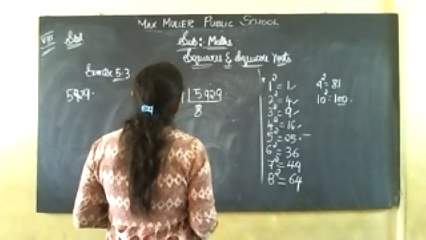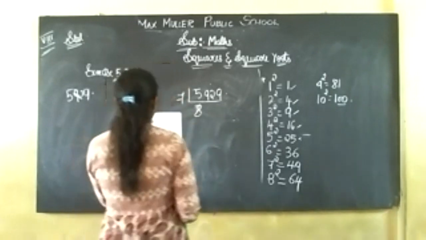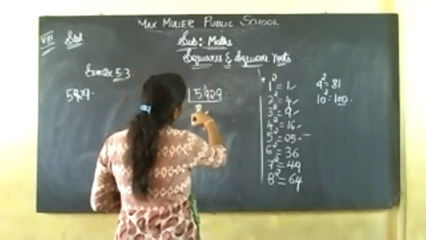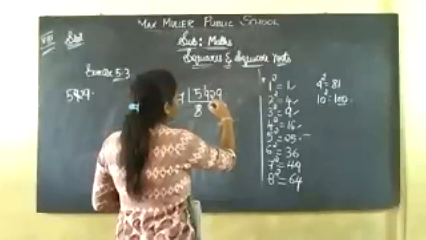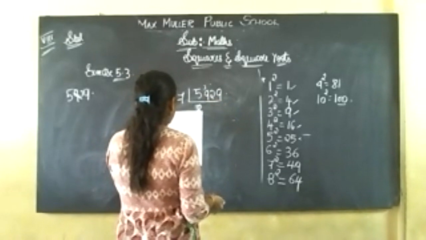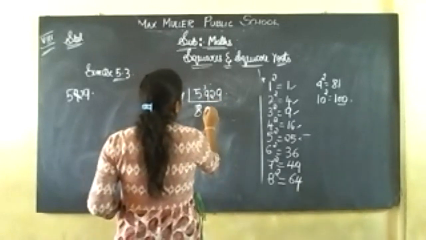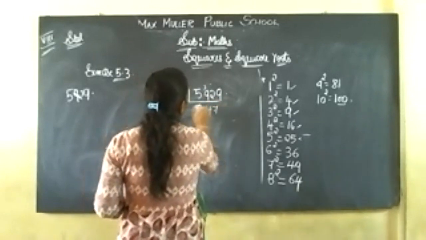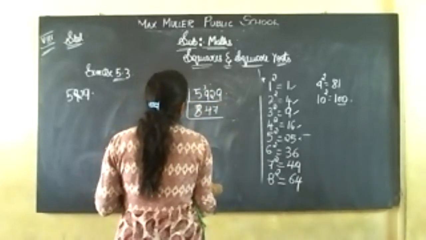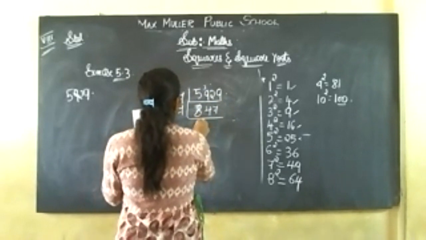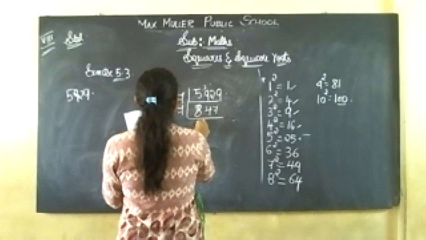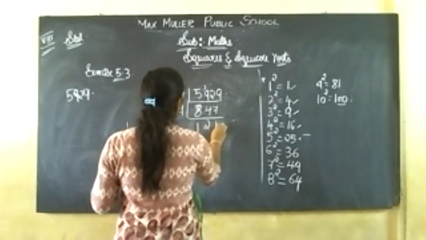7 4s are 28, 35. 7 sevens are 49, and again 121.